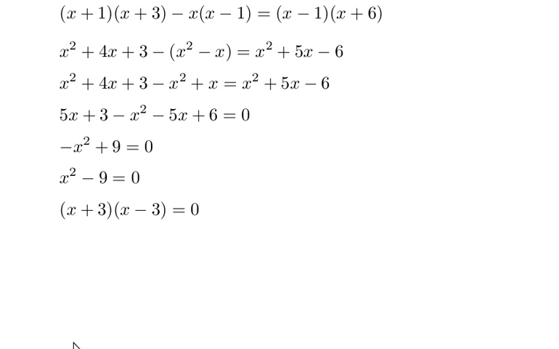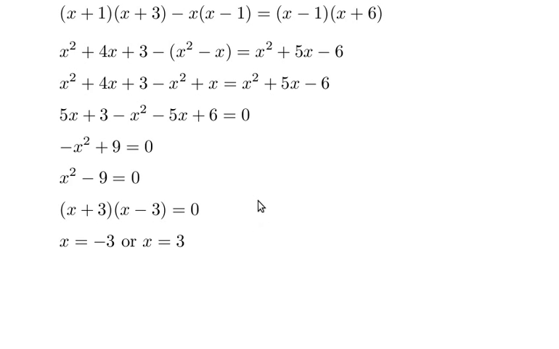Now we have two different things that multiply together to equal 0. So x equals negative 3, or x equals 3. Because x equals negative 3 will make this 0, and x equals positive 3 will make this equal 0.